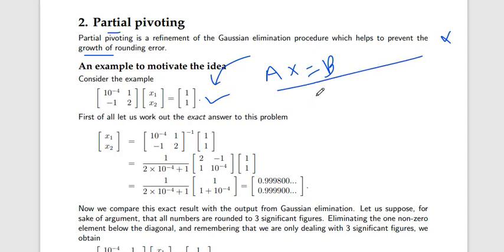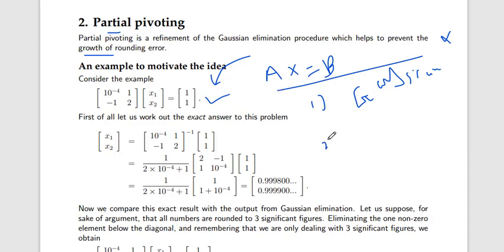Now there are two methods to solve for x. How? Okay, first is Gaussian elimination. We already talked about it. Ax is equal to b, transfer to the augmented matrix, upper triangular matrix, and back substitution. Then we will get the values of x1 and x2.